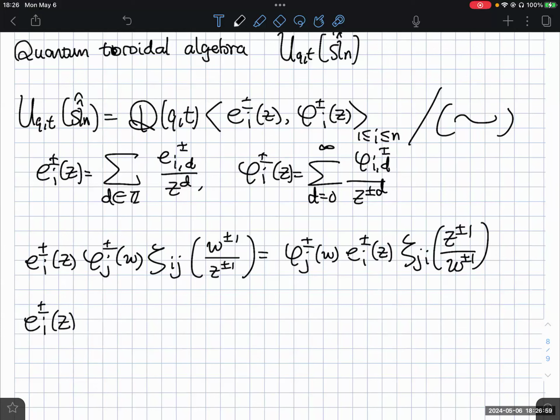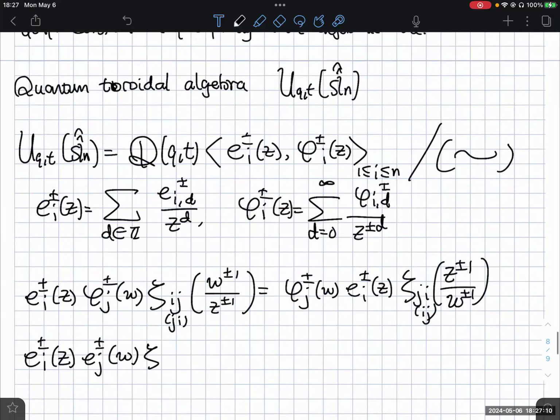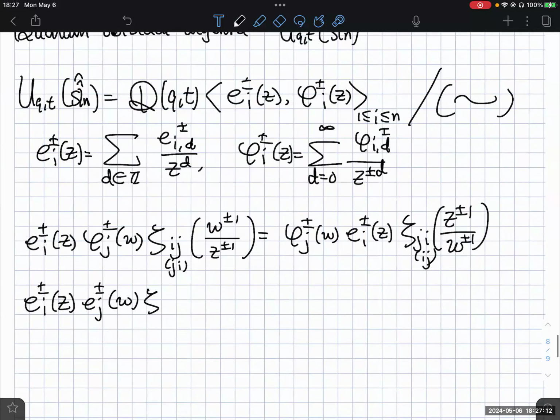And this relation here. Yes, I'm still writing here. This is IG. This means that if we take all of the signs as minus, we should replace this ij with ji.